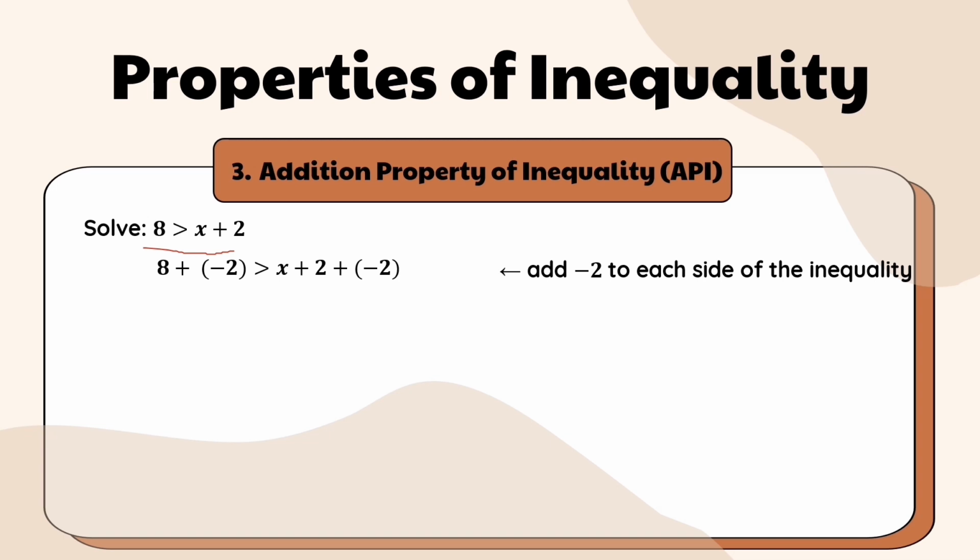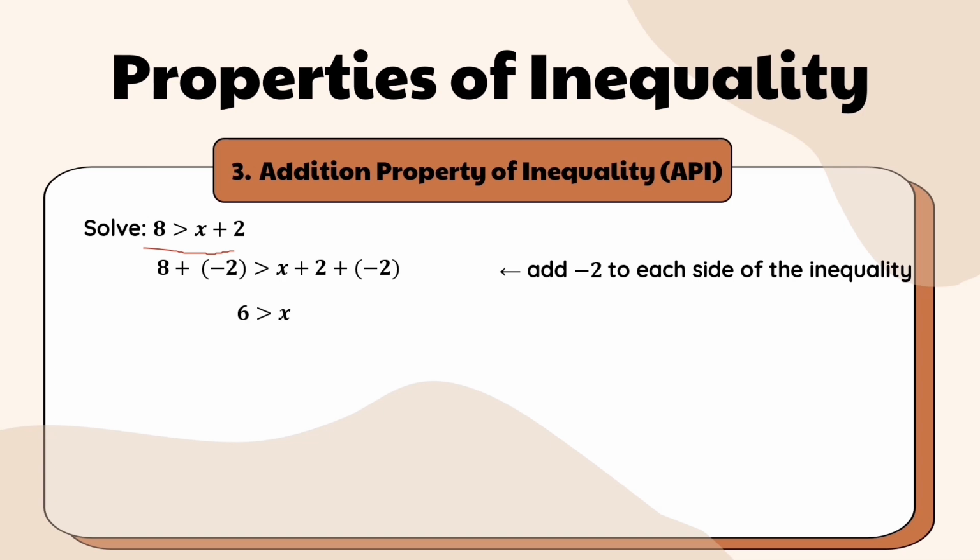So it will be 8 plus negative 2 is greater than x plus 2 plus negative 2. 8 plus negative 2 is equal to 6, and 2 plus negative 2 is equal to 0.